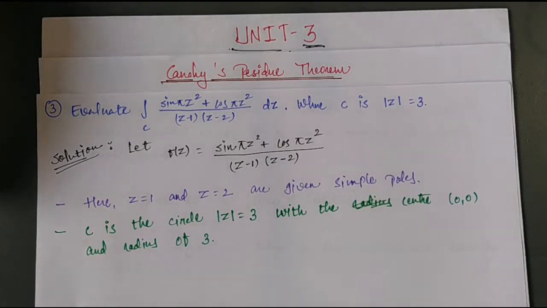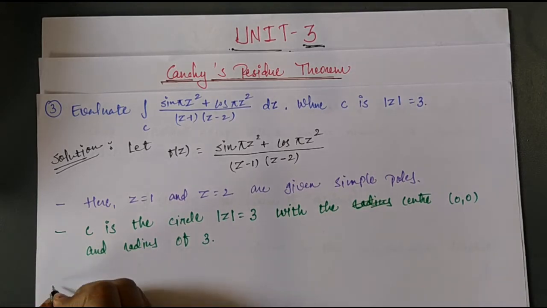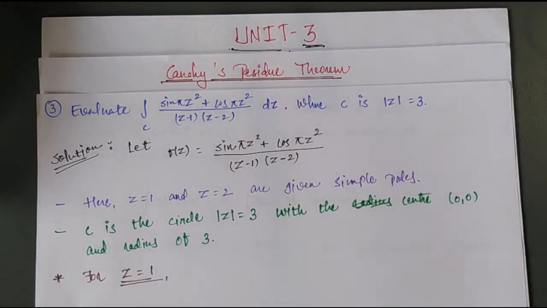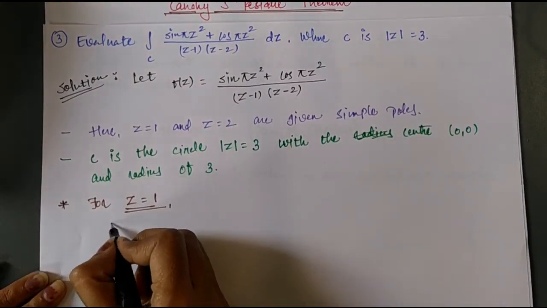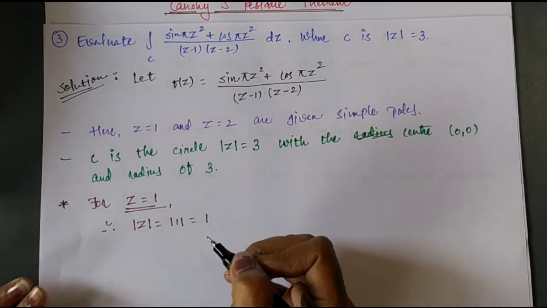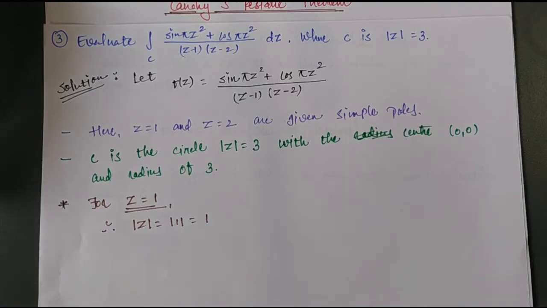Now as you can see here you are getting two simple poles, that is, two points. For both these points you have to find the modulus and check whether it is inside or outside. So first of all I am doing it for the point z equals 1. Therefore |z| = |1|, and removing the mod, it will be only 1.